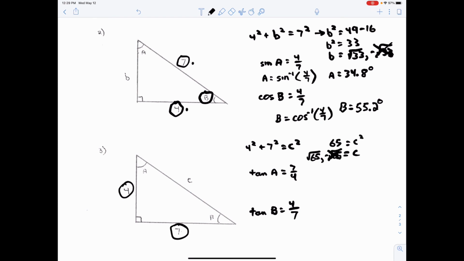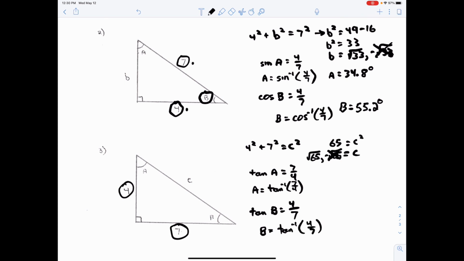In Alex, they're probably going to make you find the square root of 65, but you can just leave it like that for me. For this one, A is going to be the inverse tangent of 7/4. And B is going to be the inverse tangent of 4/7.